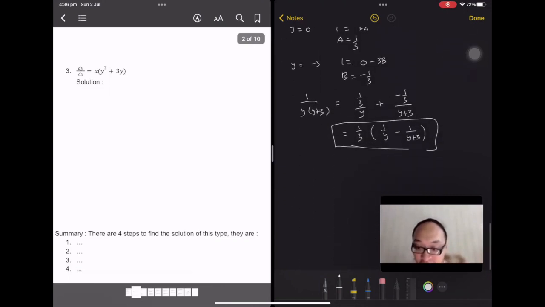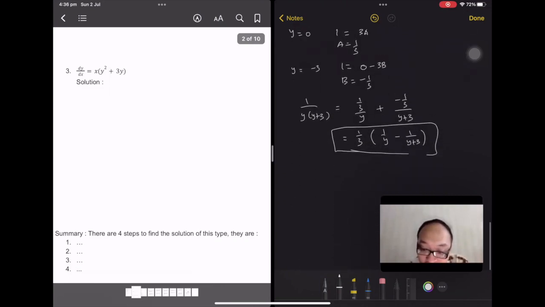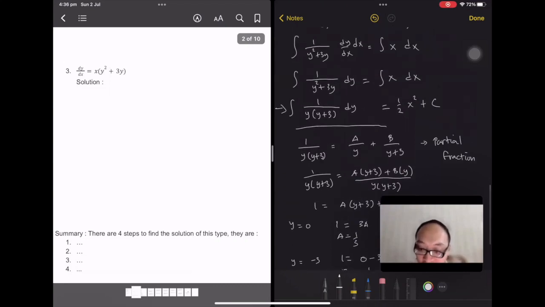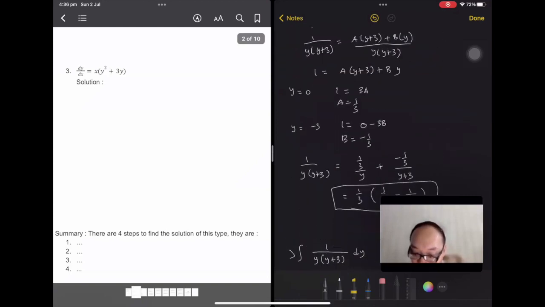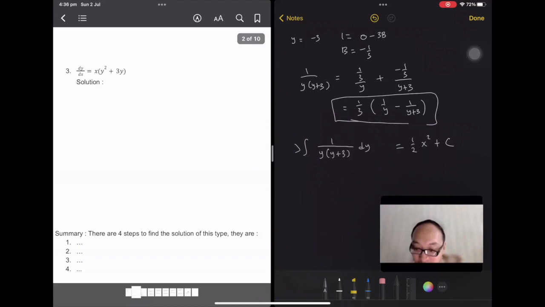So we can rewrite it, maybe I can copy, duplicate, and move it down here.